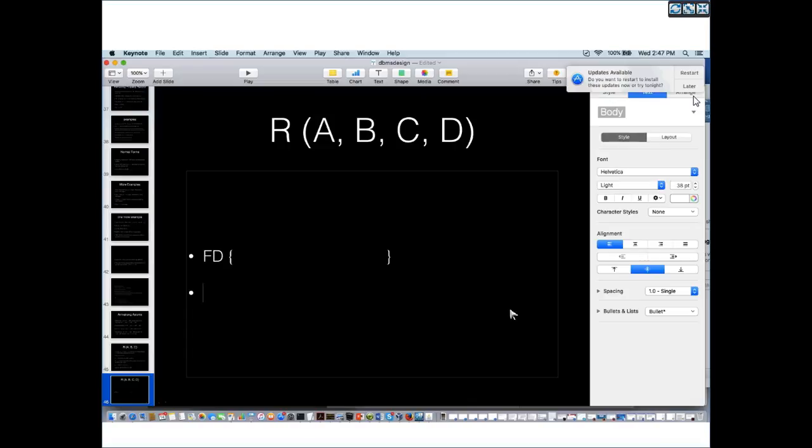What is the closure of this set of FDs? The closure is all the additional functional dependencies. Apply these Armstrong axioms and get the closure of these FDs. Like we computed the attribute closure, you can get the FD closure.